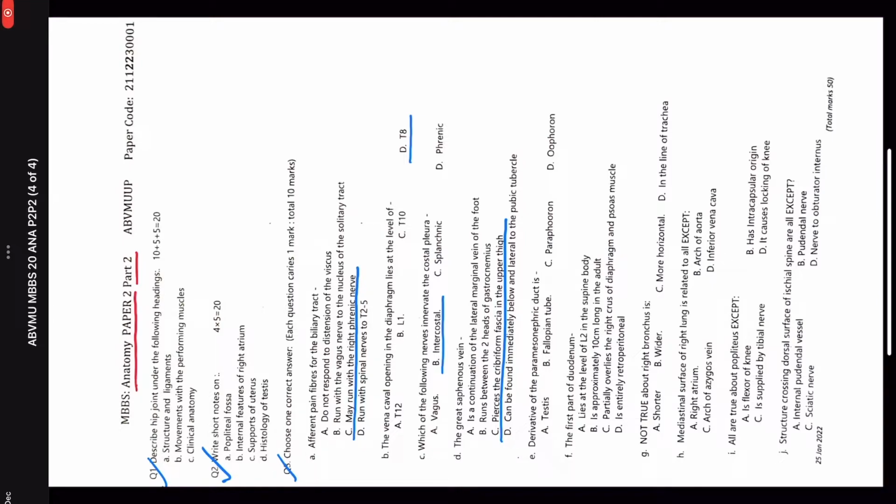And mesonephric duct is also called Wolffian duct, which forms the ejaculatory pathway of the semen: vasa efferentia, epididymis, vas deferens, seminal vesicles, ejaculatory ducts. All this is formed by the mesonephric duct or Wolffian duct. And the remnant or degenerative portion of the mesonephric duct in females are the paraoophoron and oophoron.